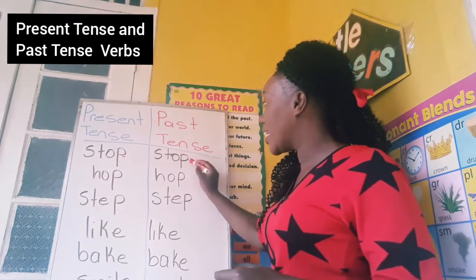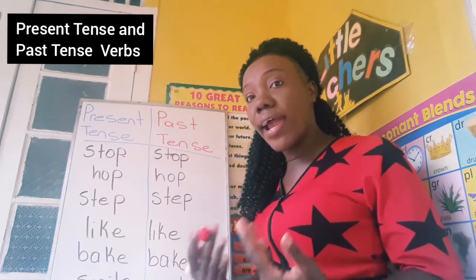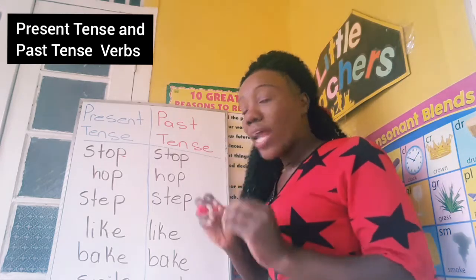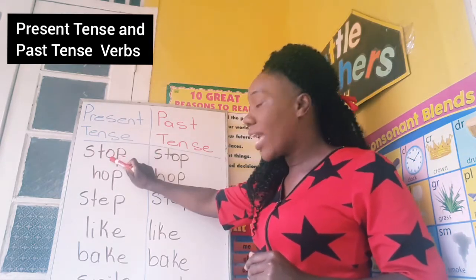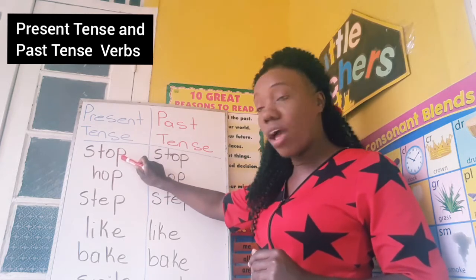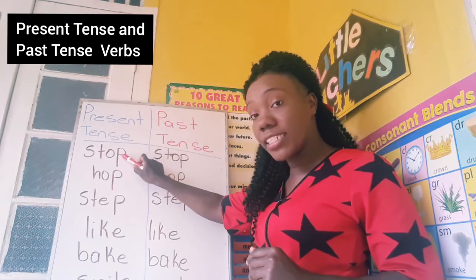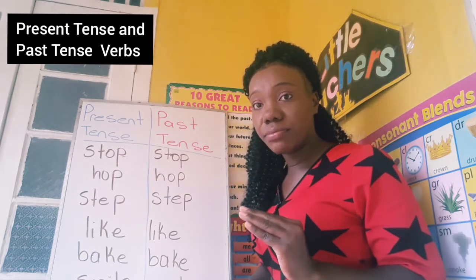We don't just add ed and that's it. Because there's a rule for everything. Now the rule says that when the verb ends with a consonant followed by a vowel and another consonant, we double the last consonant and then add ed.